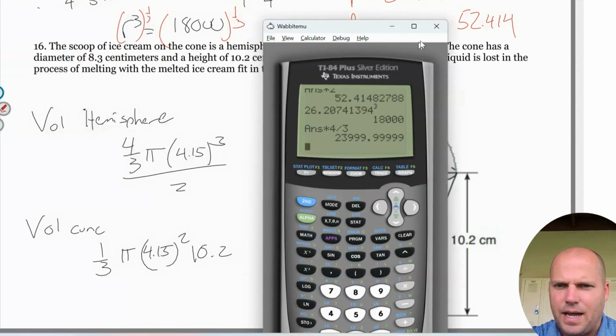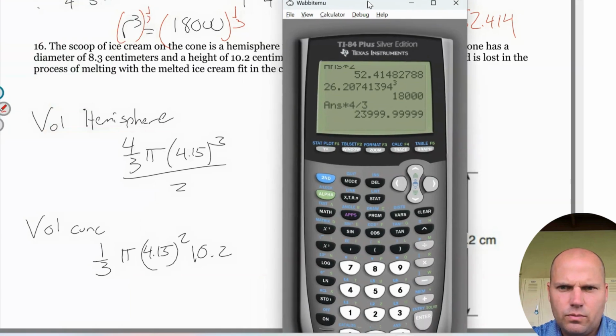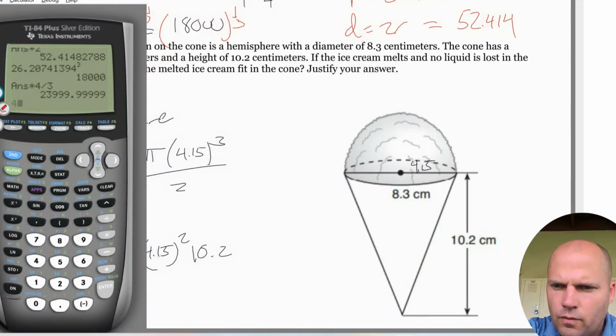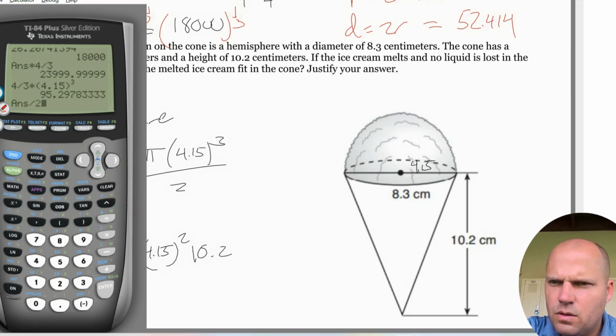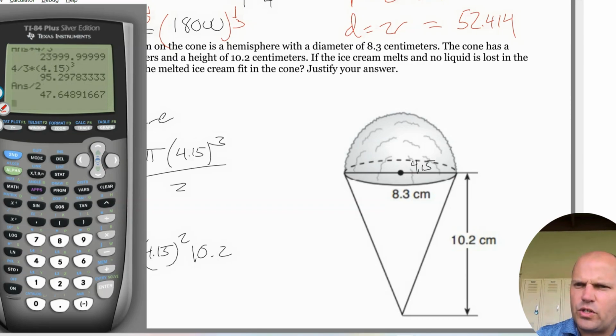Let's just do it without pi. We do 4/3 times 4.15 cubed divided by 2, which is 47.648 pi.